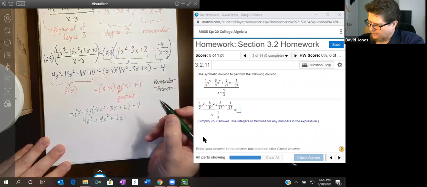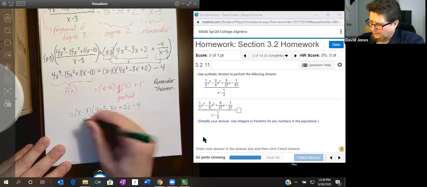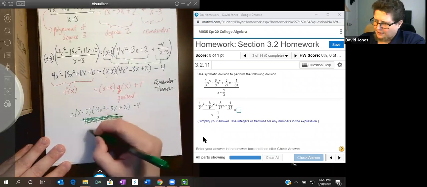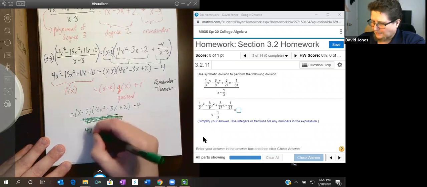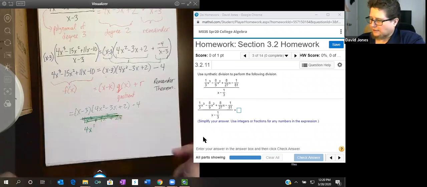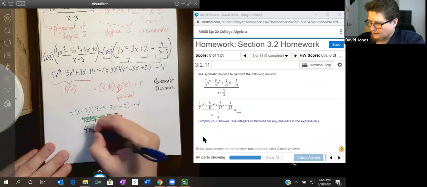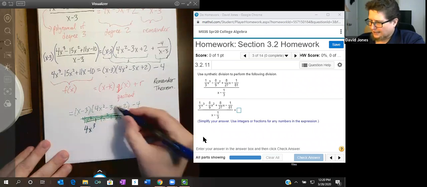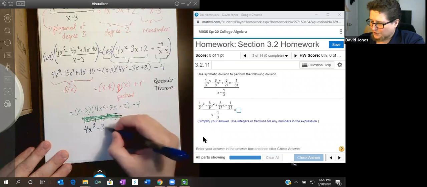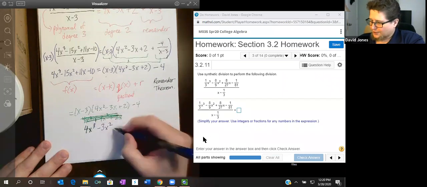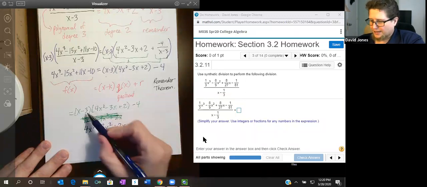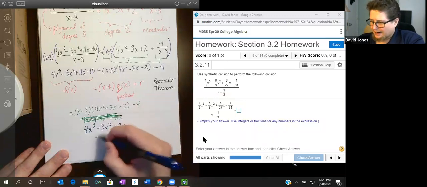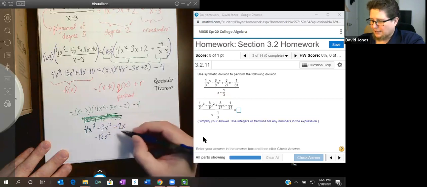What did I do? Four x cubed. x times that is negative 3x squared. There we go. And 2x. Distribute the negative 3. I get negative 12x squared plus 9x.